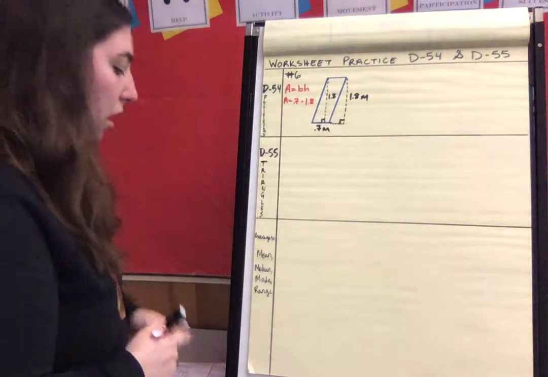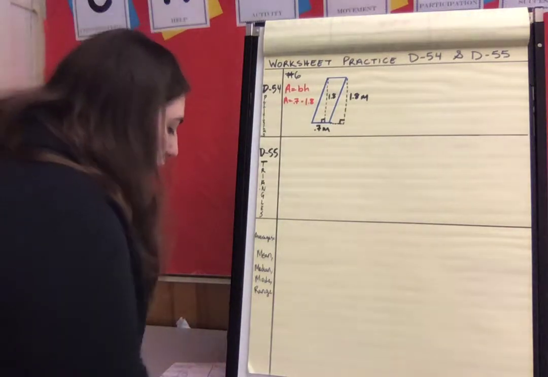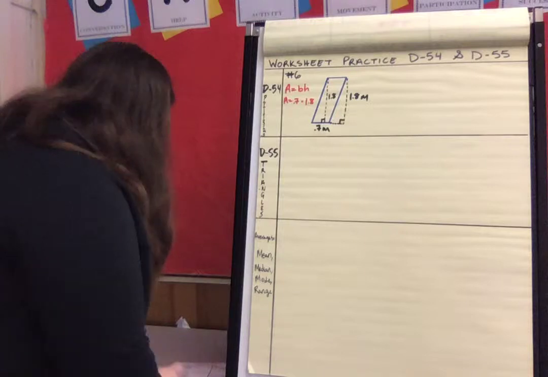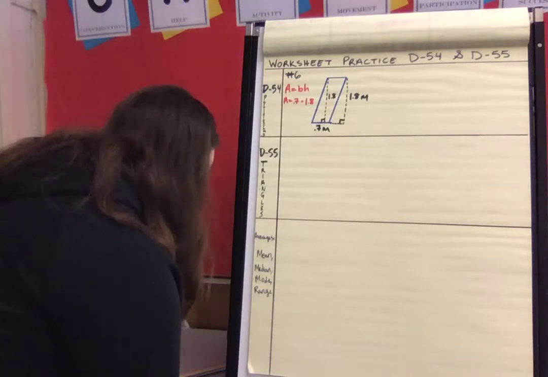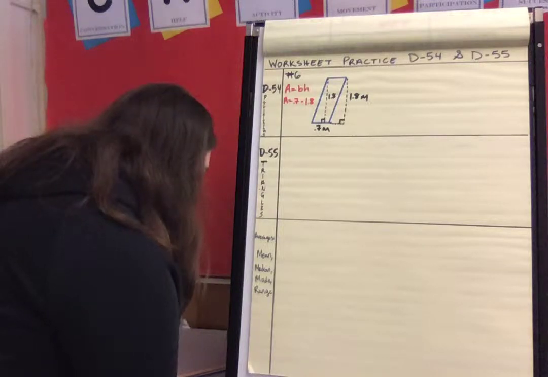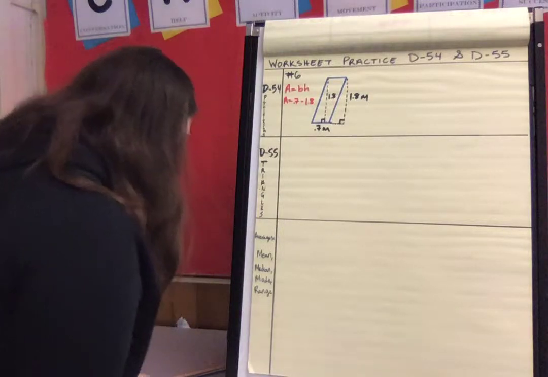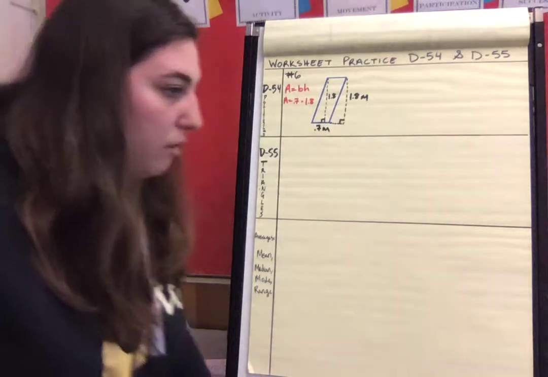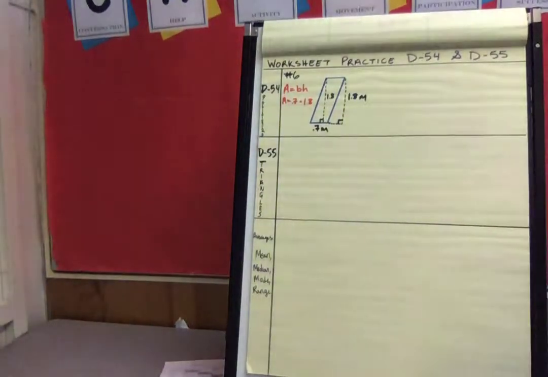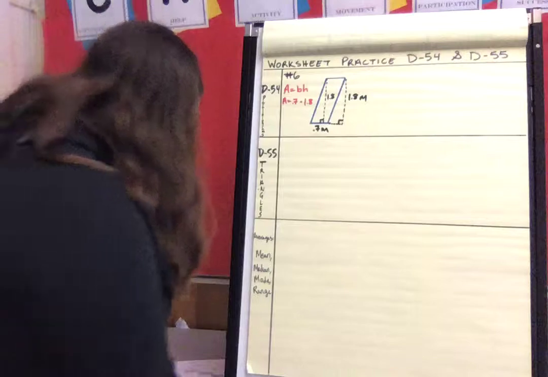Okay? And if I do this with my calculator, I'm going to have to do it on the side over here. Grab a calculator real quick. Okay, so I get 1.26 with my calculator.